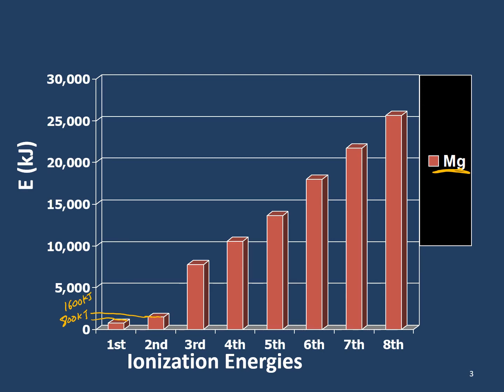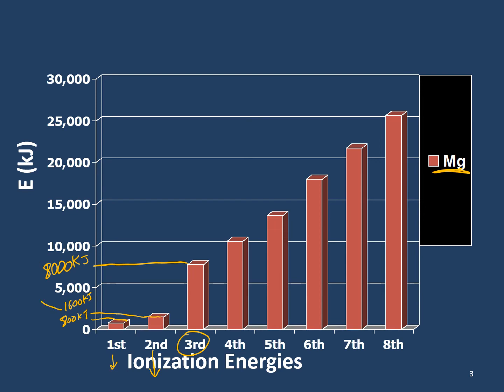But then look what happens on the third ionization energy. The first one is losing the first electron, the second is pulling off a second electron, and the third is probably around 8,000 kilojoules per mole, give or take.